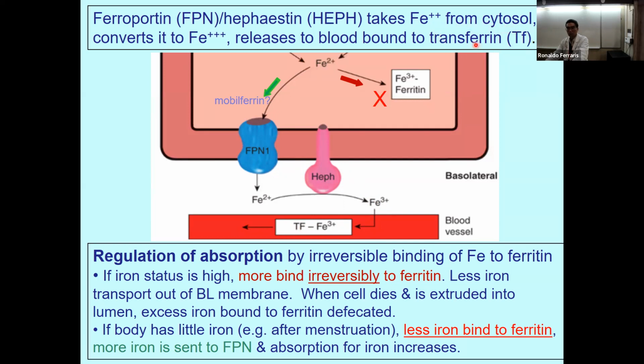Transferrin binds only trivalent iron. So you can see that iron absorption is actually rather complicated, but if you follow the logic, you can understand what's going on.